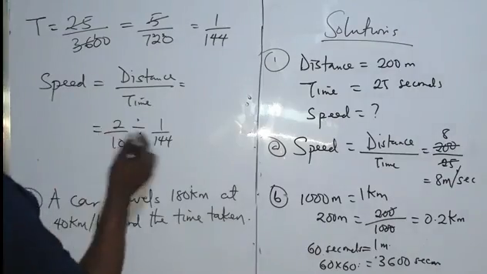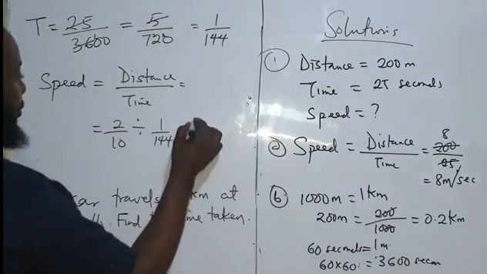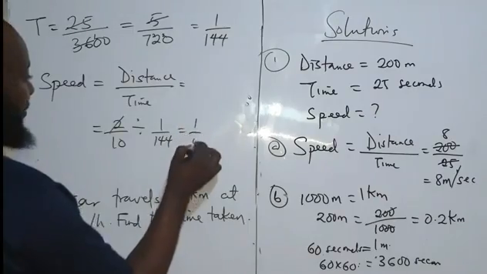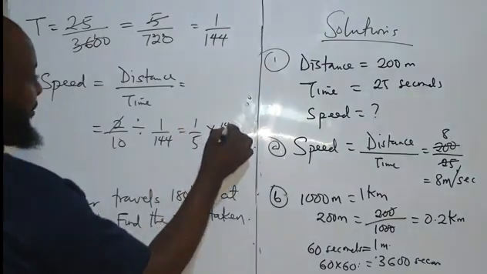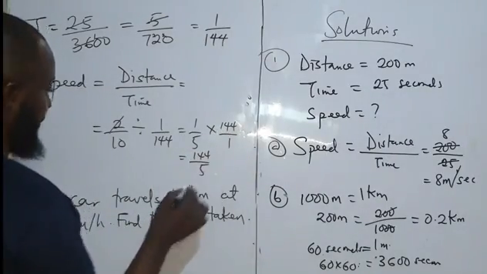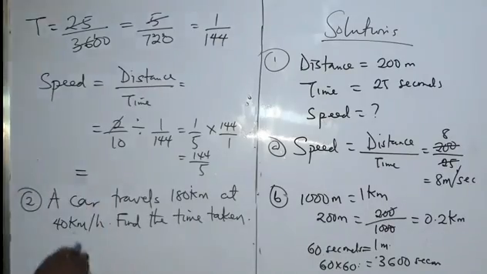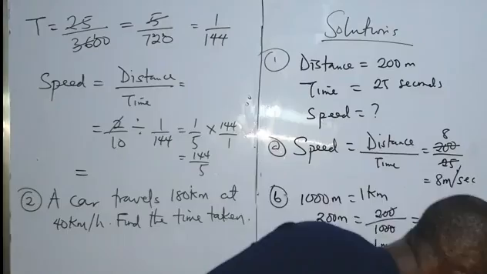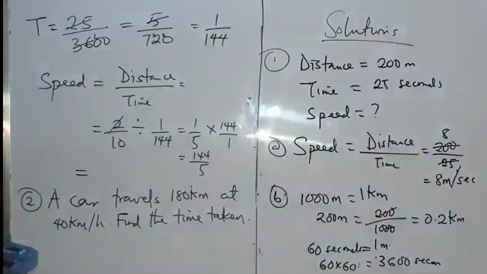So we can reduce this one. This will be 1/5 times 144/1. So that's 144 divided by 5.